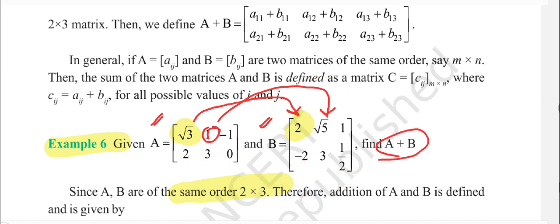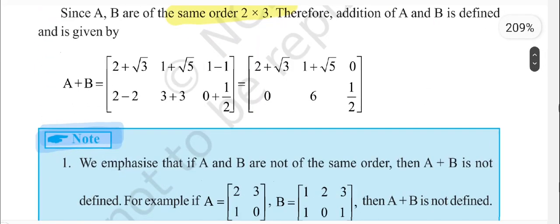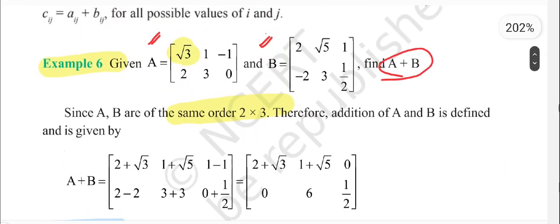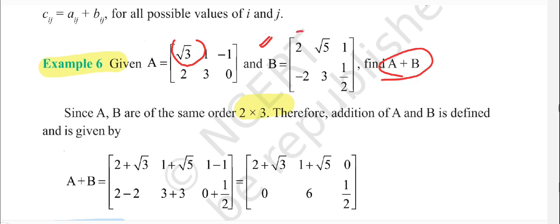Hope it is clear. Here also it is shown that the entry root 3 is added with 2, we get 2 plus root 3. 1 is added with root 5, we get 1 plus root 5.